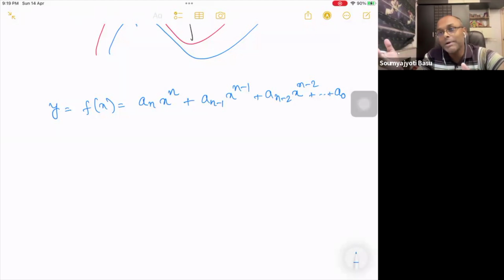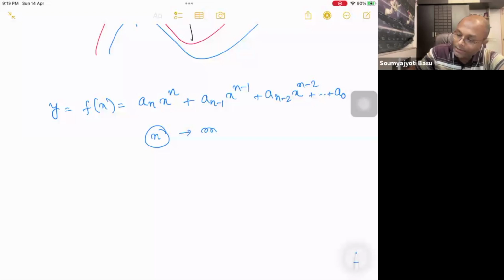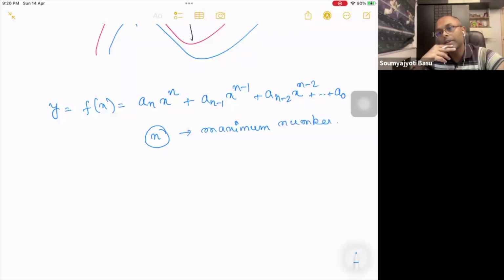What is the maximum number of real roots this function can have? n. But I used the term maximum number of roots. Why? Because there can be imaginary roots, there can be equal roots. The maximum number of roots that we can have is n, but it can have a lower number as well.